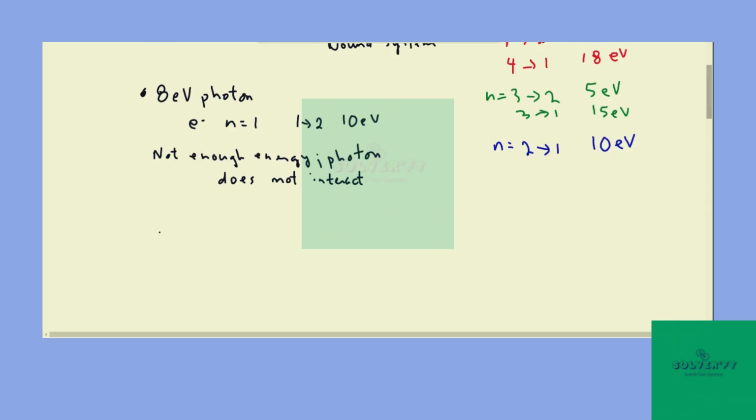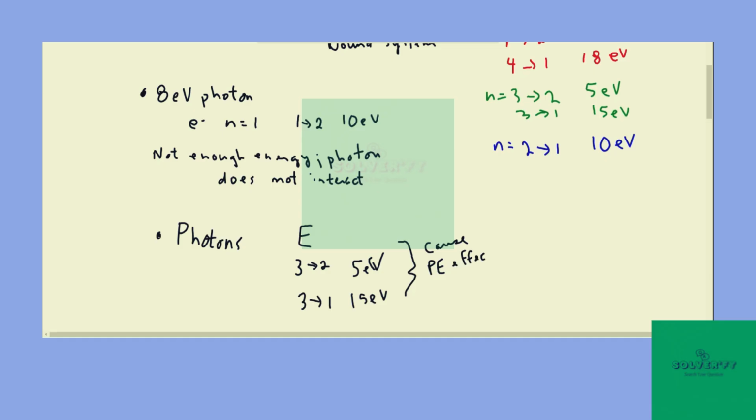So we're going to take the photons that come from this atom, and we can find their wavelengths, but we know that the 3-to-2 transition, which is a 5 electron volt, does create a photoelectric effect, and 3 to 1, which is the 15 electron volts, both of these cause photoelectric effect in some other material. We don't know what it is, but some other material.